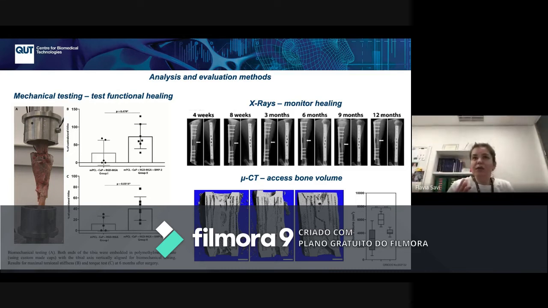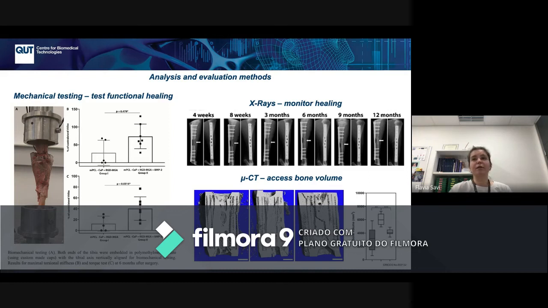Also during the study, we monitor the healing through X-rays, at 4 weeks, at 1 month, 2 months, 3 months, 6 months, 9 months, 12 months, so we can see how the healing is progressing. And after we remove the defects, we start to process them for histology analysis.